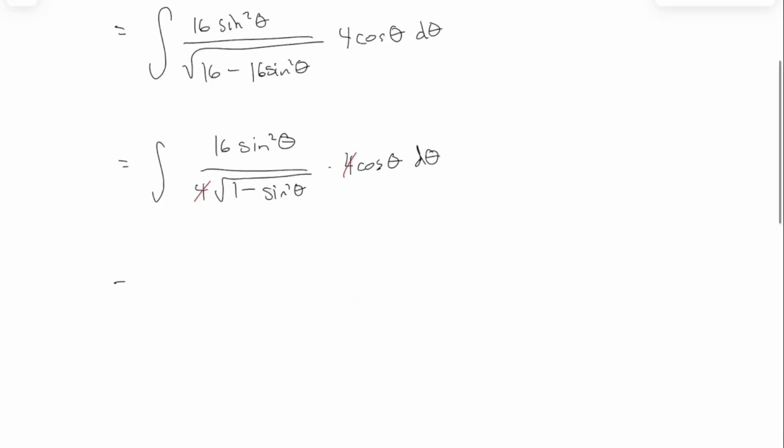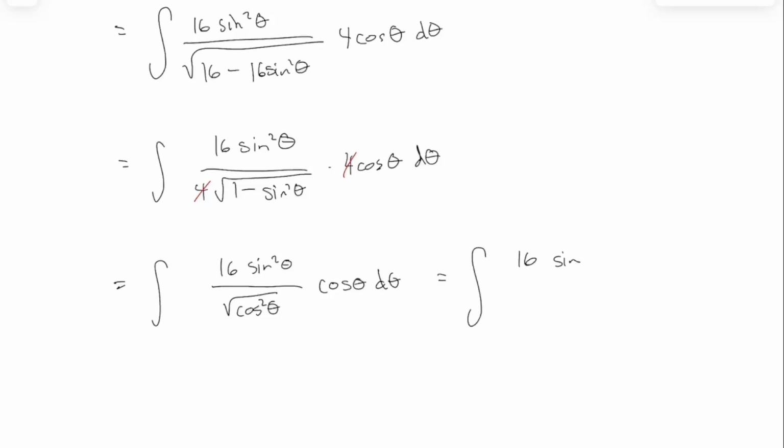Yes. This is sort of where the money's at as far as this trick. This is the whole point of doing this trick: this becomes cosine squared theta on the bottom, and then you can cancel the squaring. So square root of cosine squared on the bottom is just cosine, and in fact that's going to cancel the other cosine that you see there.